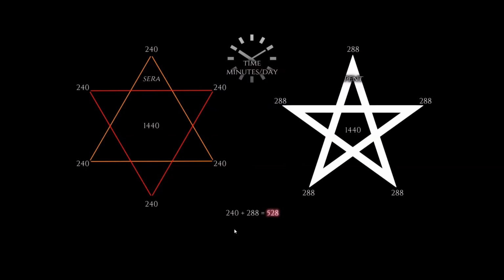When we combine the two parts, the 240 minutes from the 6-pointed star and the 288 minutes from the 5-pointed star, it sums to 528. We're going to look at that in relation to the Revelation 21 cube.